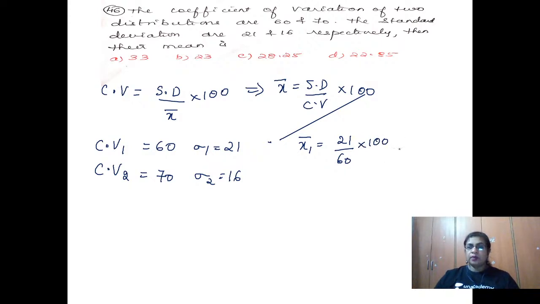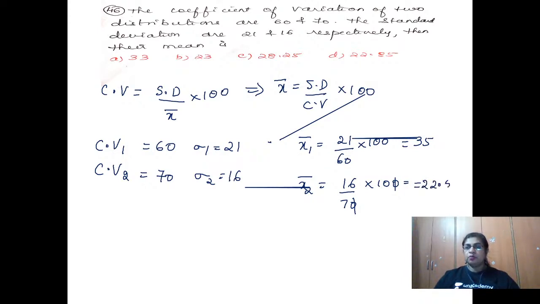How much is this? I'm going to get 35. And second one, x2 bar is equal to 16 by 70 into 100. The 0 and 0 cancels. Then when I multiply 160 by 7, I'm getting 22.5.